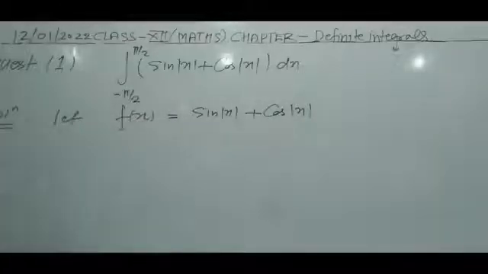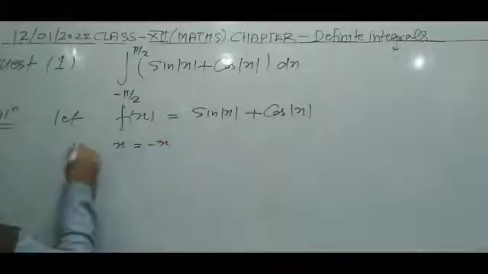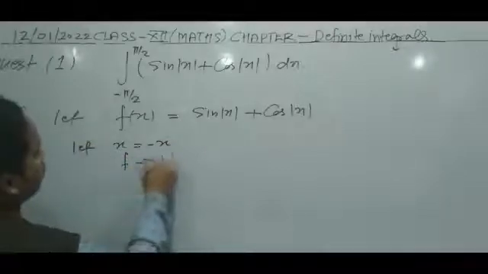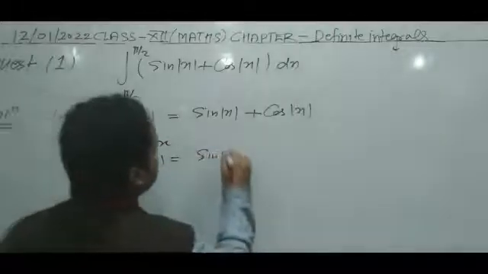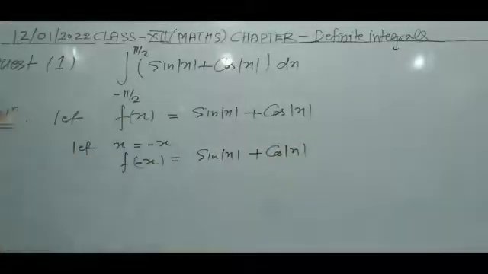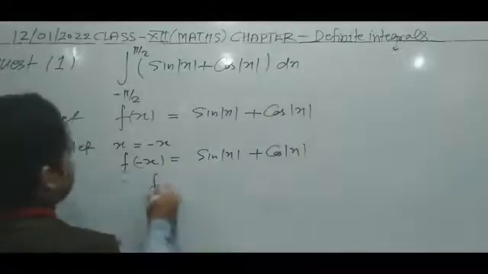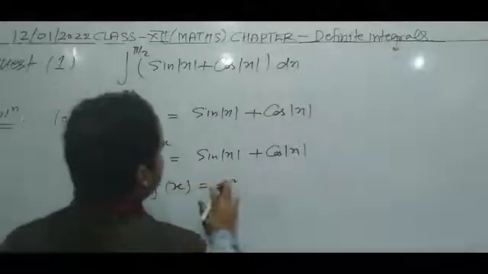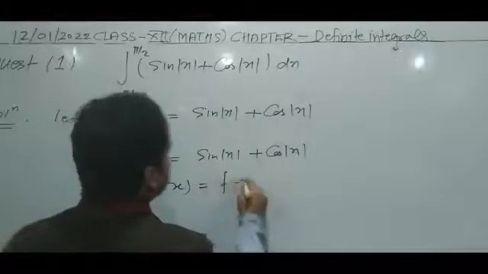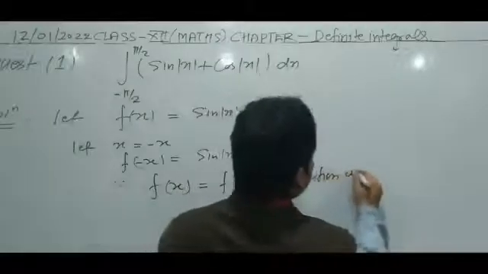Now when you put x equal to minus x, you will get f(minus x) is the same result. Now this is an even function, since f(x) is equal to f(minus x). The function is even.